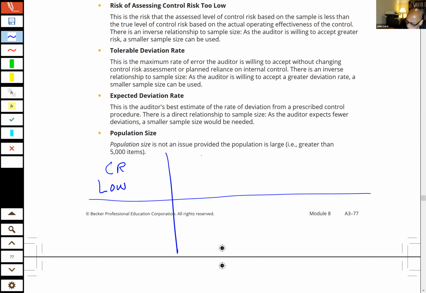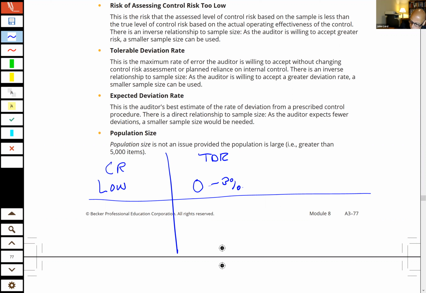That's telling me, and this is not standard, guys, it's not written in standard, but I've seen literature that says, well, if you're at a low control risk, your tolerable deviation rate, which is TDR here, should be between 0 and 3%. Now, this is not written in standard, but this is some guidance I've seen in auditing literature that'll tell you if you're low, your tolerable deviation rate should be 0 to 3%.